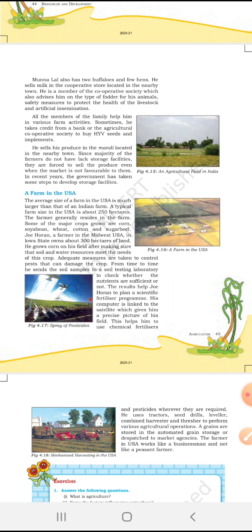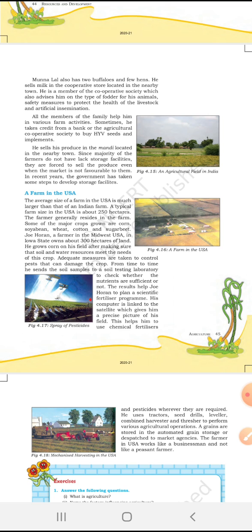Fine children. Then another important question. What do you understand by agricultural development? Agricultural development refers to efforts made to increase production in farms so as to meet the ever growing demand of the population. We've just read and I have just explained the concept of agricultural development.